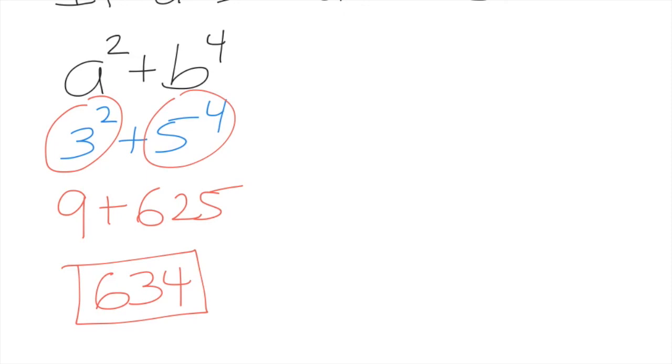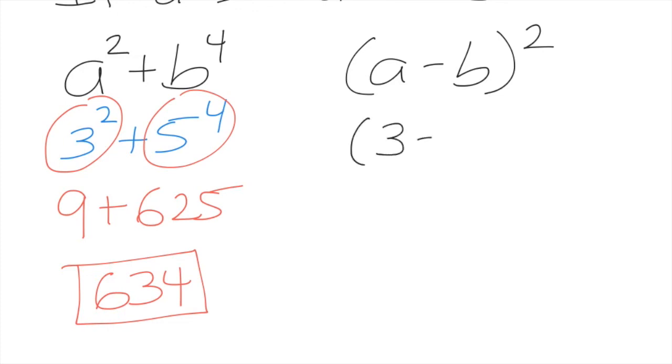So I would like you to try this one for me. Do A minus B squared. Pause the recording and try A minus B squared. Okay, if you did it, you would have done 3 minus 5 squared.